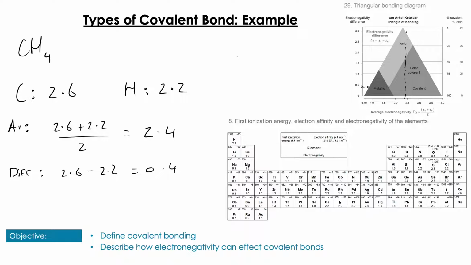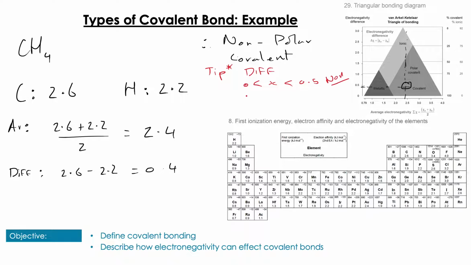And now we can see that we have a non-polar covalent bond, which we may have guessed by the very small difference in electronegativity. So going on from what we mentioned on the last slide, any difference between 0 and 0.5 is usually non-polar covalent bonds. Just as anything above 1.8 is usually an ionic bond, which we'll come to later in the unit.